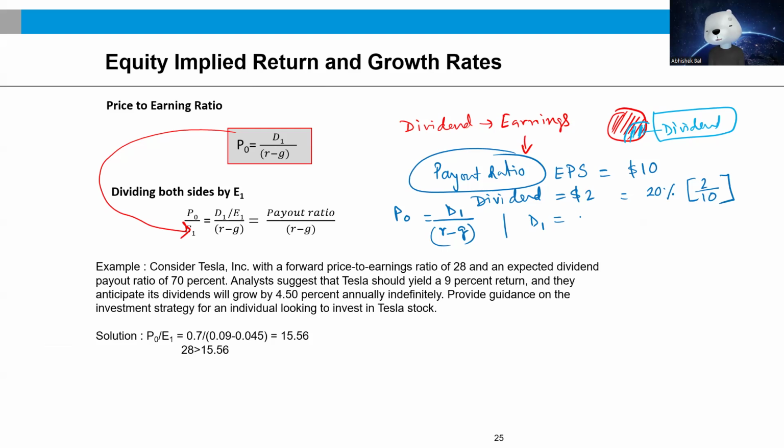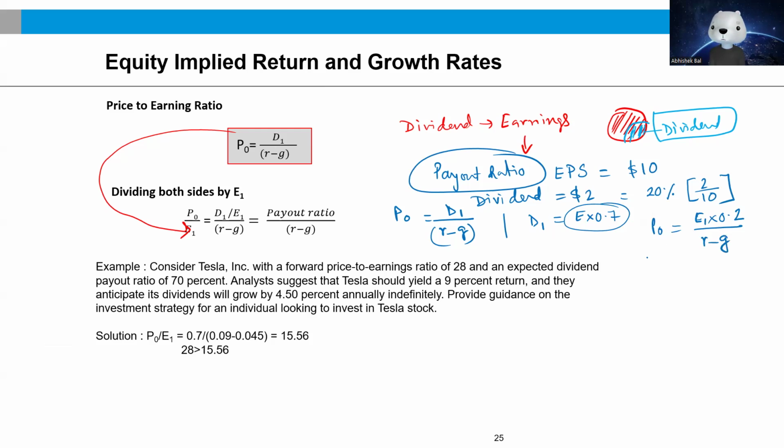So for example, if we say that the payout ratio is, let's say, 0.7, we could substitute this value of D1 as 0.7 times E, where E happens to be the earnings. So I could write this as P0 is equal to E1, the earnings for next period, multiplied by 70% or 20%, which denotes the payout ratio. Let's make it 20%, divided by the net cost, which is R minus G.